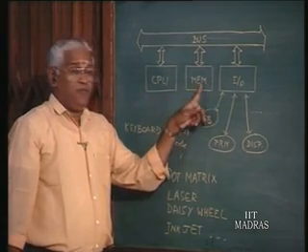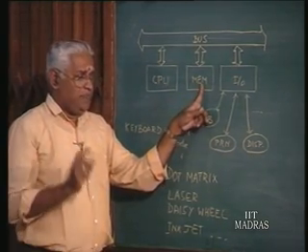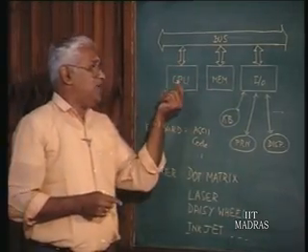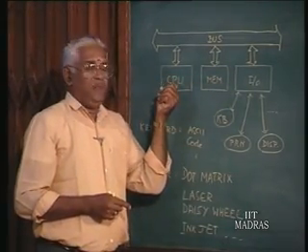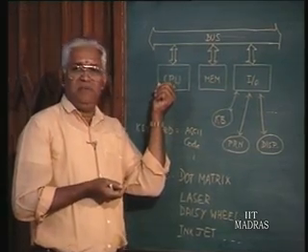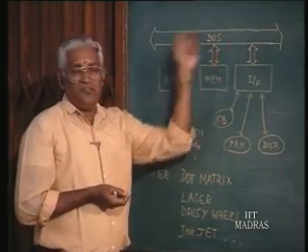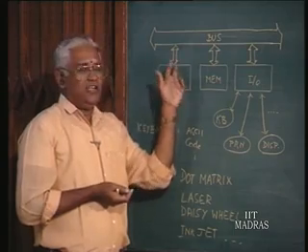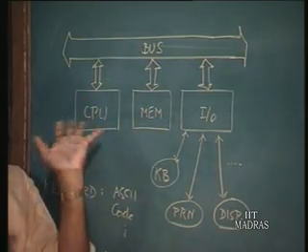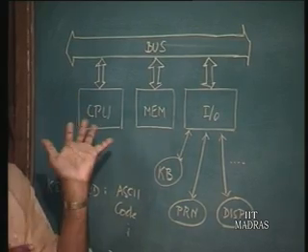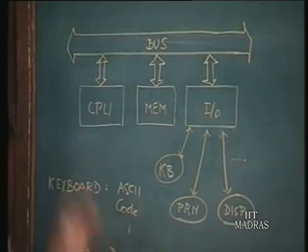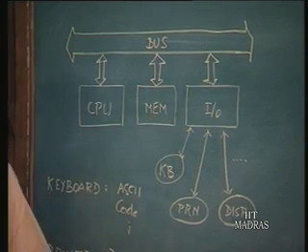You remember what I said earlier, essentially the CPU will be the master, that is, usually the CPU will be the master of this bus. As a master, it will request memory and the memory will respond, let us say with data, maybe an instruction, whatever it is. The speed with which it responds is important.